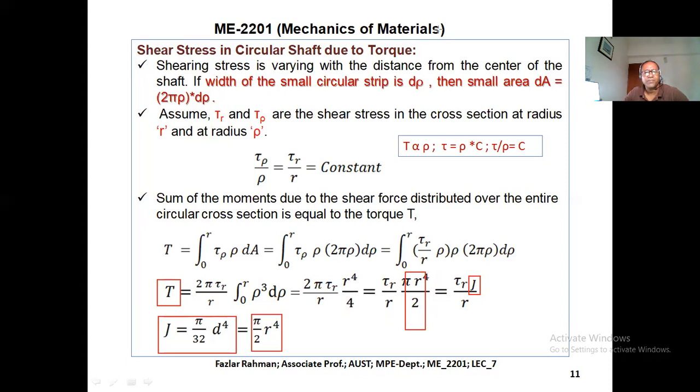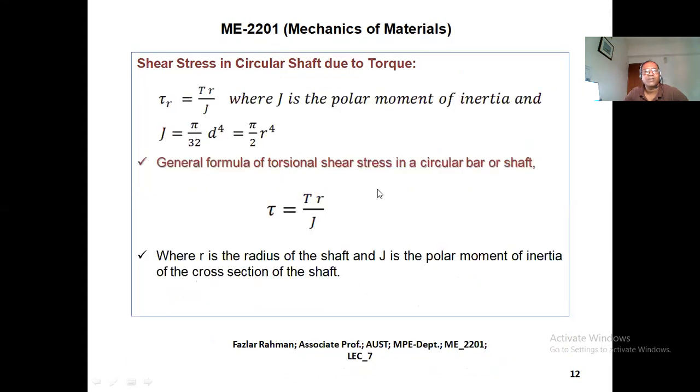Now from here, you just figure out tau. So tau equals T into r divided by J. That we have right over here. Tau equals T r by J, where J is the polar moment of inertia and the value of J is mentioned.